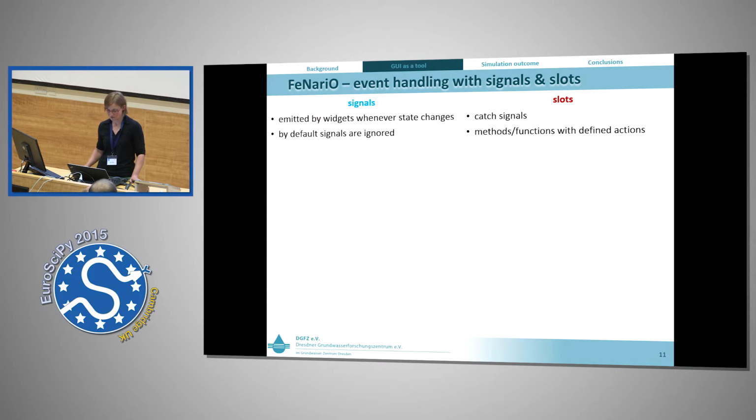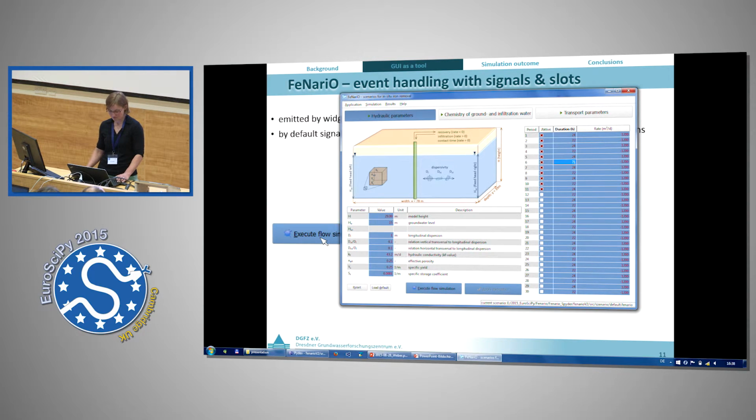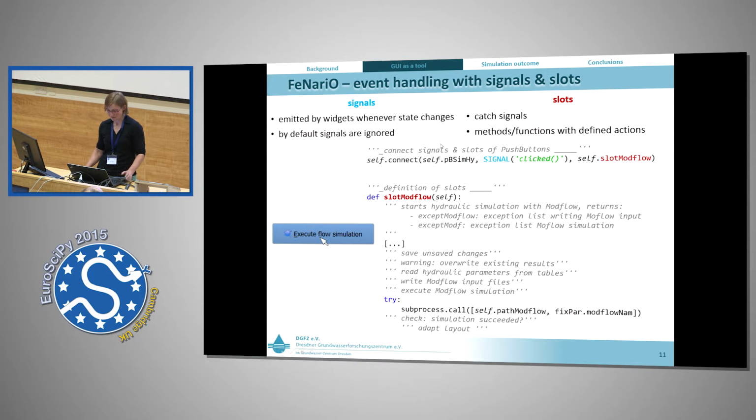Another thing is that you have signals and slots. I think most of you know that signals are emitted whenever the state of a widget in your graphical user interface changes, but by default they are ignored, and the slots are catching these signals, and you actually define some methods there. For example, if I use this push button execute flow simulation, this slot here, which I called modflow, is processed.